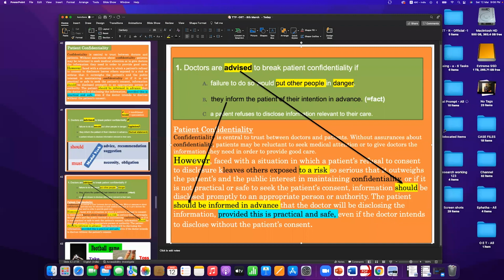In certain situations, you are not bound by the ethics of confidentiality. You can, when others' lives are in danger. And even if the patient should be informed in advance that the doctor will be disclosing the information, provided this is practical and safe. Only if it is practical and safe, and should be, not must be. It depends on the doctor's discretion whether you should inform or not.